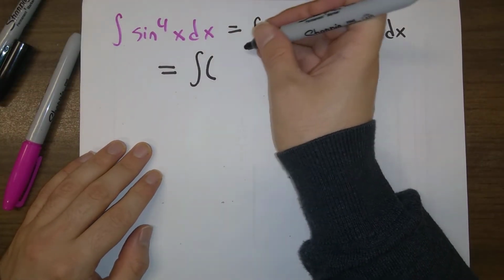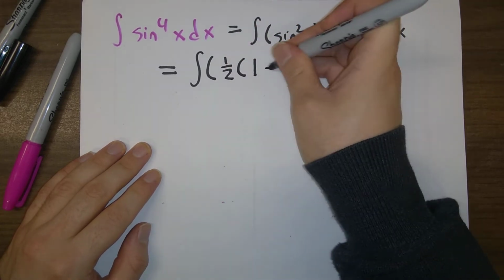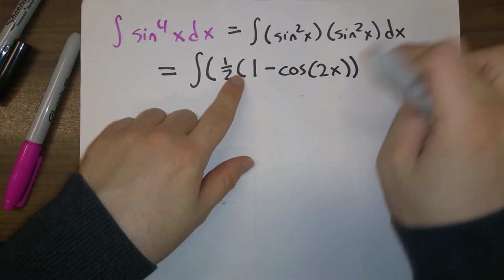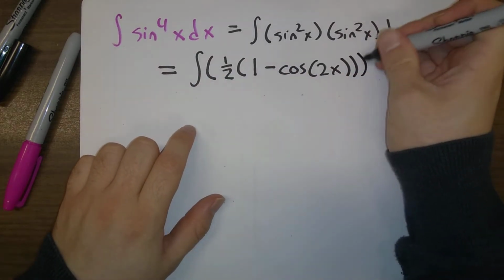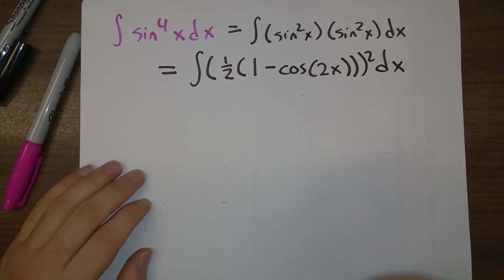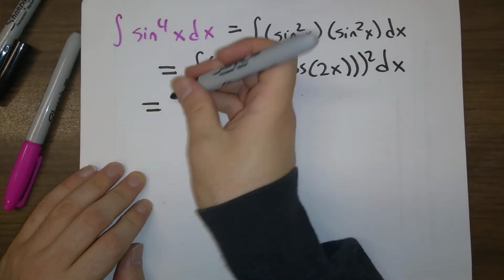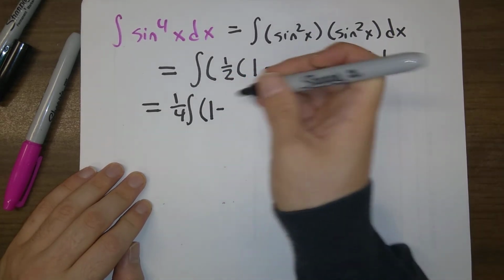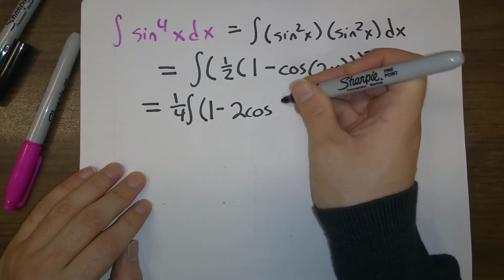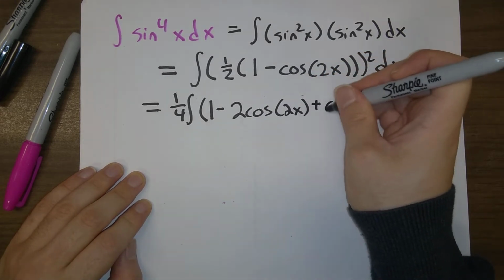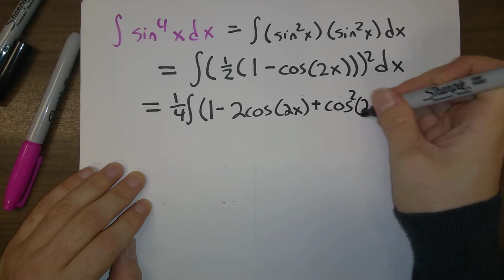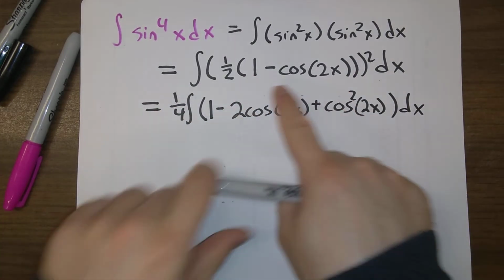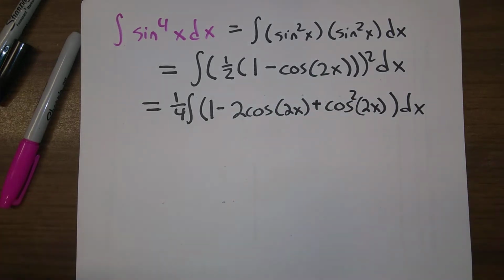So it is going to be 1/2 times 1 minus cosine of 2x, all of that squared. When we expand this out, we'd end up with 1/4 times the antiderivative of 1 minus 2 cosine 2x plus cosine squared of 2x dx. I'm just squaring the term 1 minus cosine of 2x to get here.